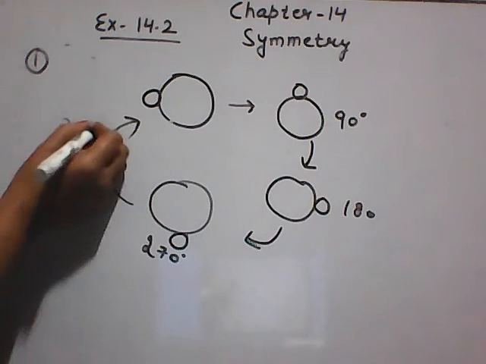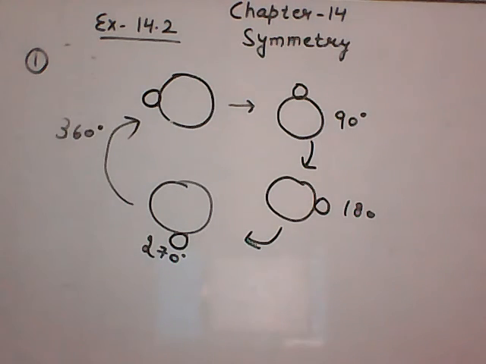Now, at the rotation of 90 degrees, 180 degrees, 270 degrees, it doesn't coincide with its original position. So we can say the order of rotational symmetry of this figure will be 0.